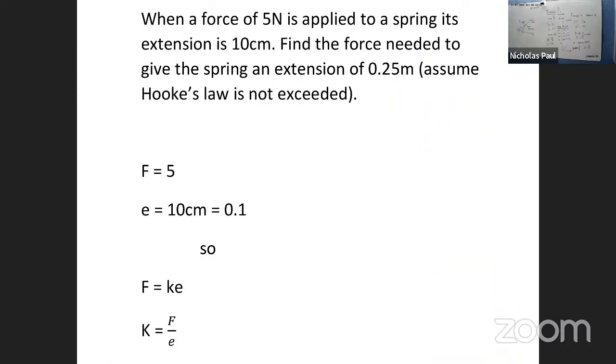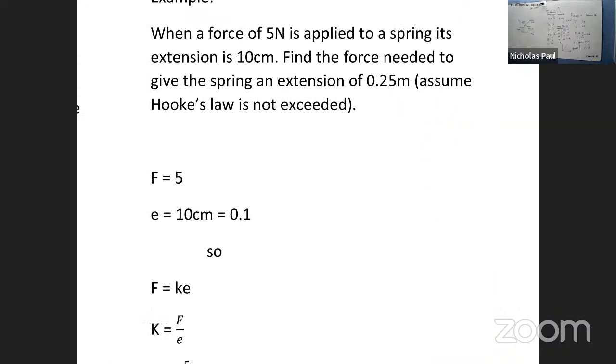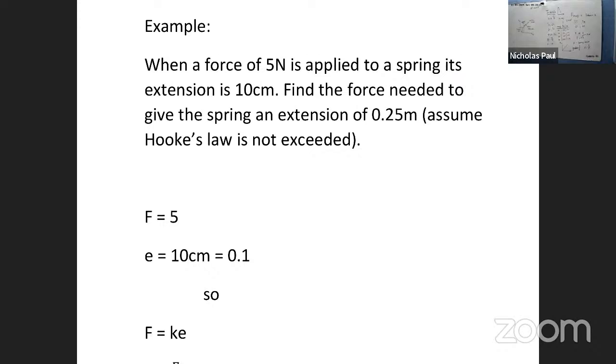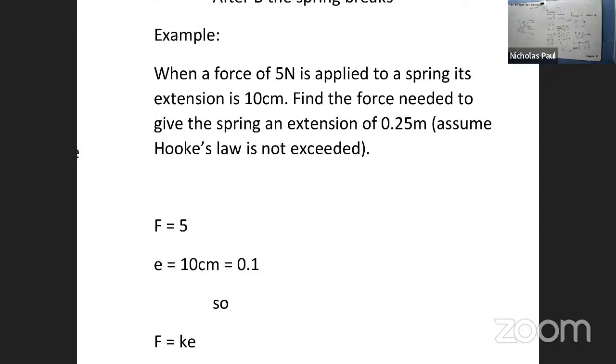Right here we have a small calculation. Take a look, see if it makes sense. So you have a force here. Again, when you read the question, underline all the important parts. The force is 5 newtons, and it gives you an extension of 10 centimeters.